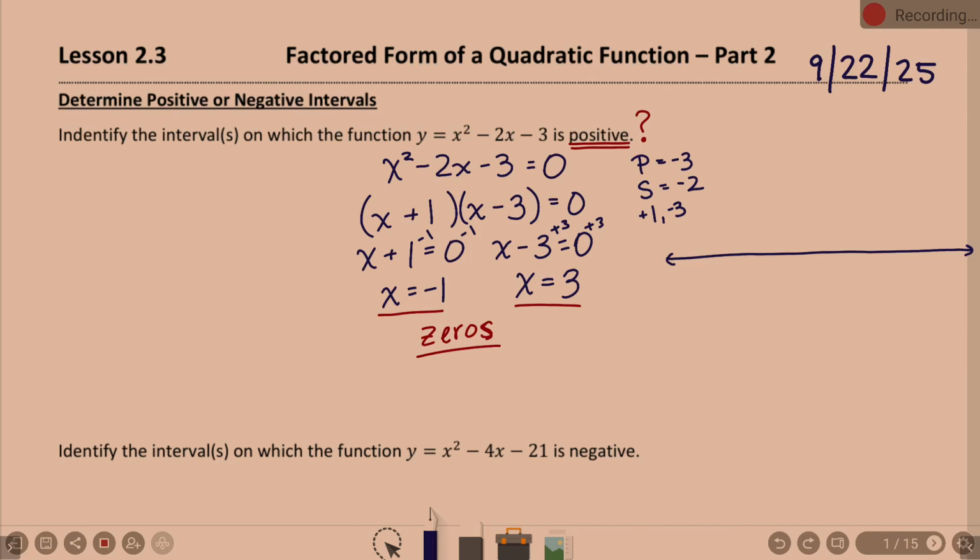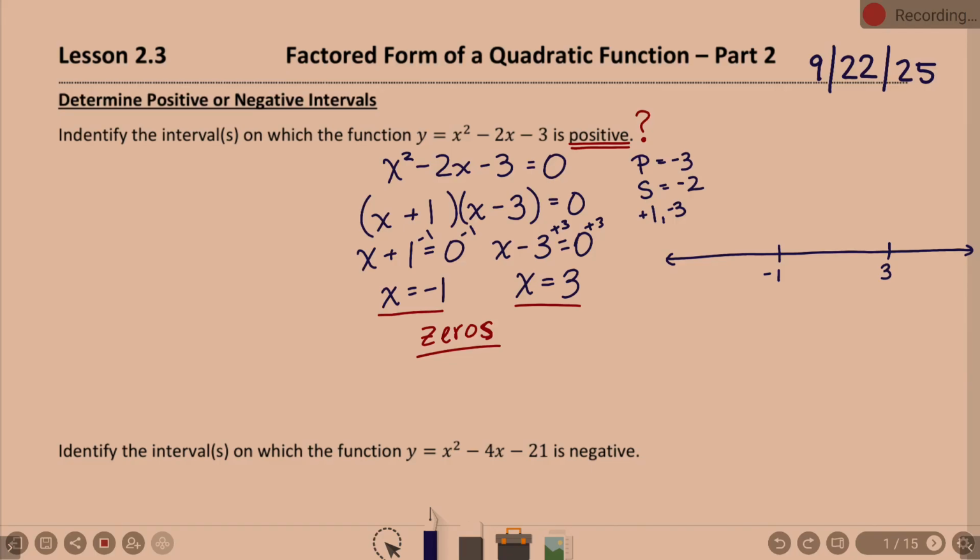They don't need to be equally spaced, it's just a matter of which comes first: -1 comes first, and 3 comes second. My idea here is to figure out, for each interval, is my graph positive or negative? We're going to test each interval.